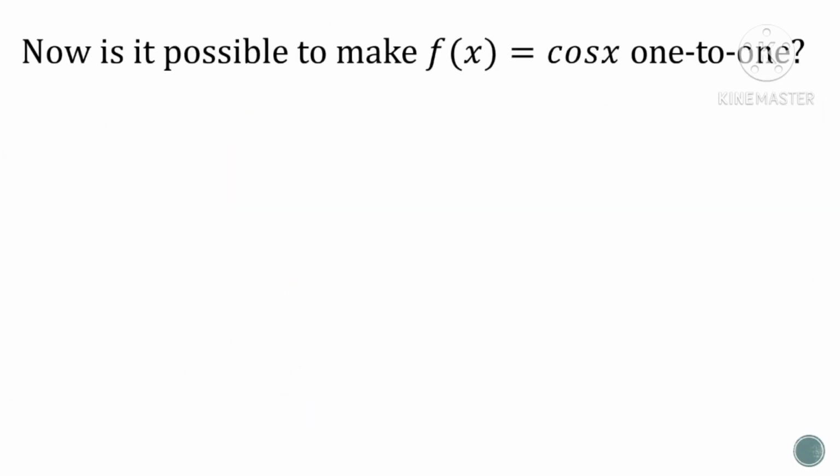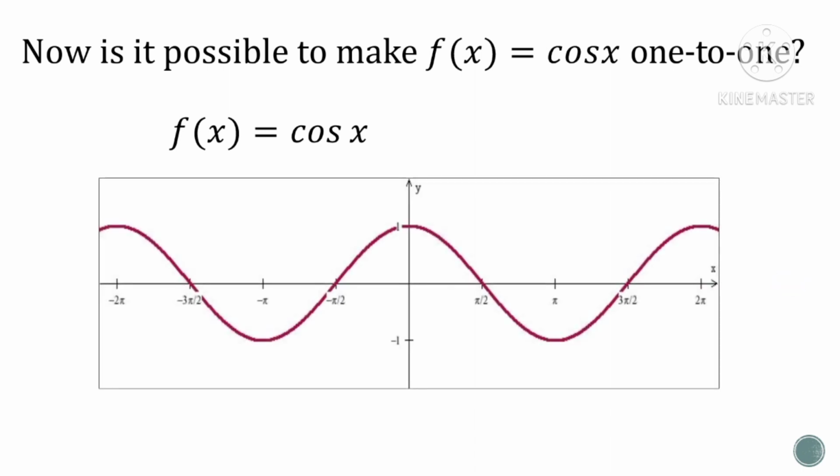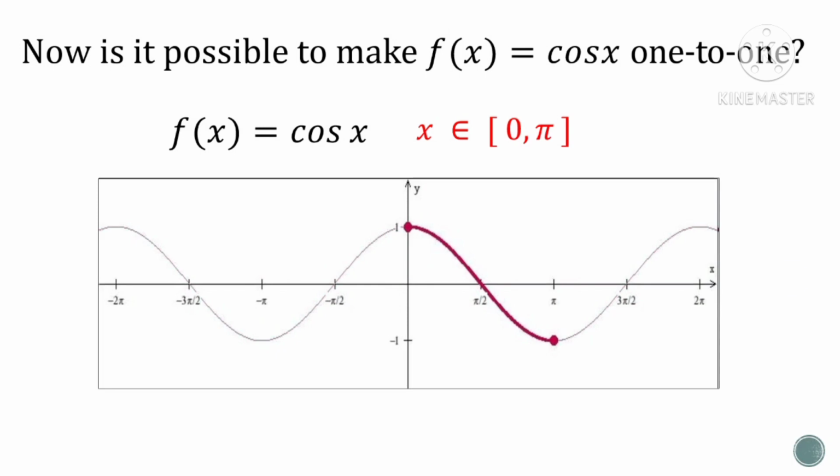Similarly, we will consider f(x) equal to cos x. This function can also be made 1 to 1 by restricting the domain to the closed interval 0 to pi. That means we are going to consider now the first quadrant and the second quadrant.